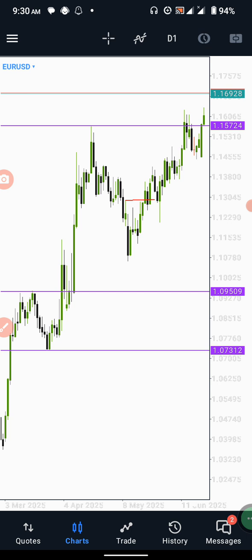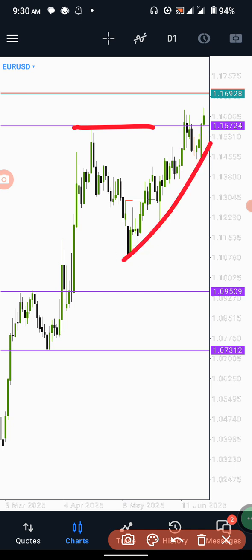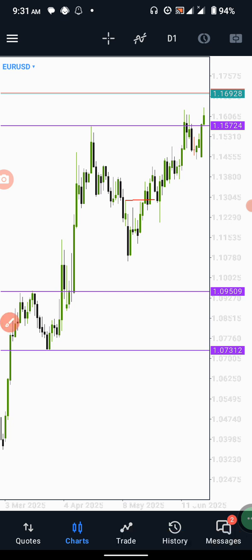So meaning that we are supposed to target this high of weekly. We can use daily here and H4 to target this high of weekly, because we will know that the market is in an uptrend. We are supposed to be in a bullish trend.